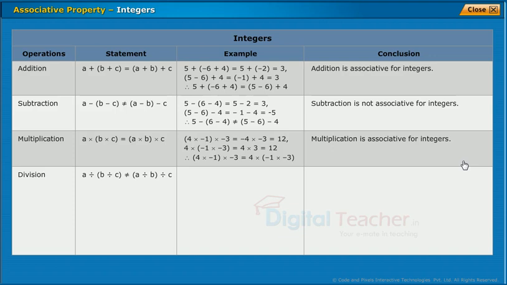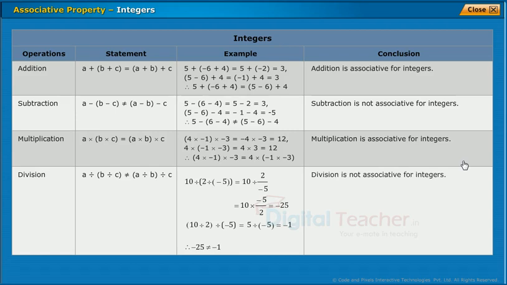For example, when 10 is divided by 2/-5, we get -25, and when 10/2 is divided by -5, we get -1. So, -25 is not equal to -1. It concludes that division is not associative for integers.